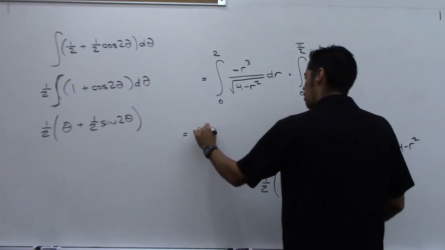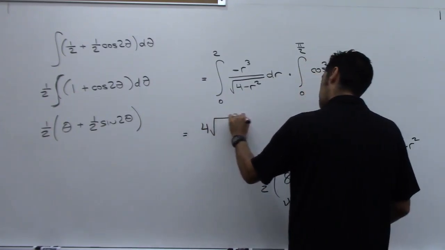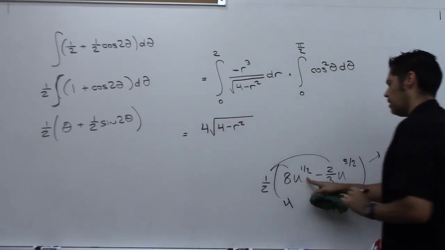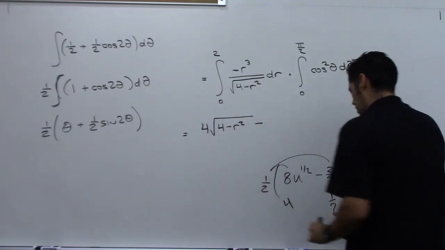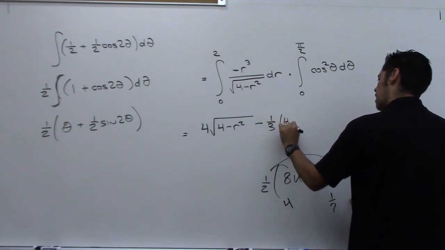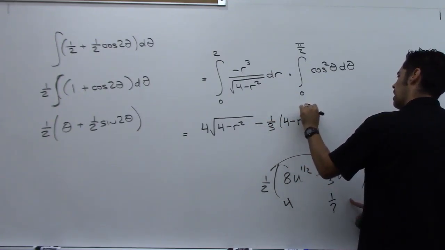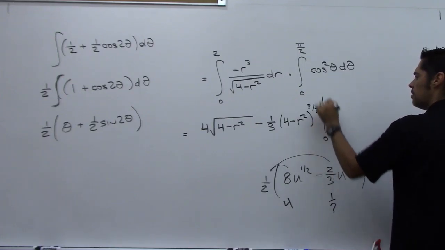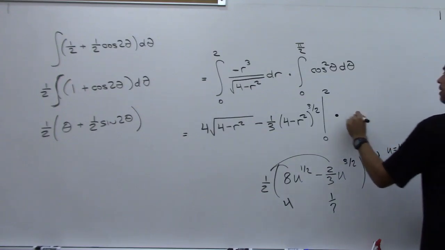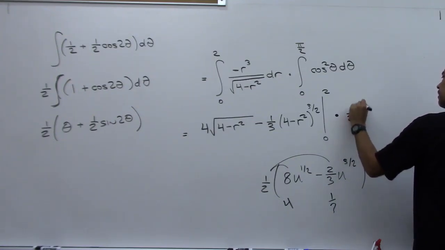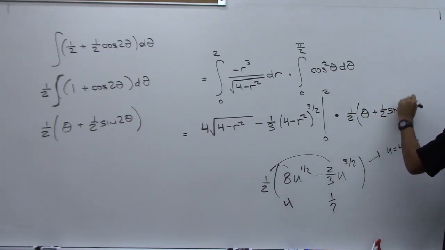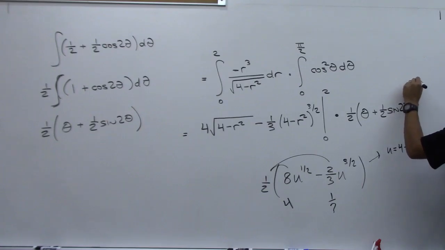So I'm going to have 4 square roots of u, okay, minus 1/3 4 minus r squared to the 3/2 evaluated 0 to 2 times, now this one is 1/2 times theta plus 1/2 sine 2 theta evaluated 0 to pi over 2.